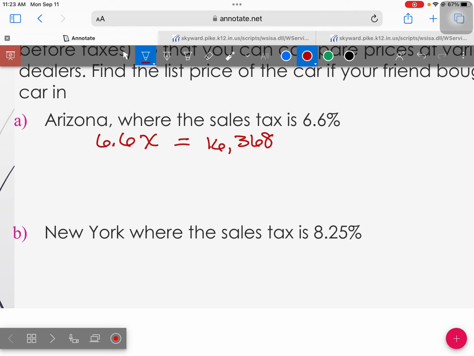All right, so let's think about this. 6.6 is what again? Is that the tax itself? Is it $6.60 times? It's a percentage, right? So what do I do with a percent? Turn it into a decimal or a fraction. If it is 6.6%, how do I change percent to a decimal again?